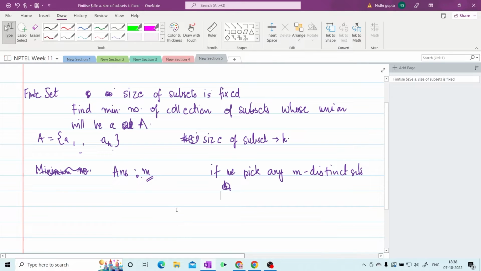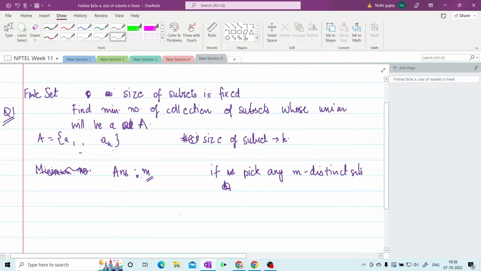One more thing here: if you take two subsets, then their intersection is not equal to empty. Is this another question, or in this question only?